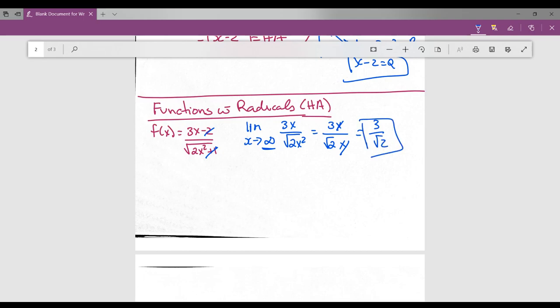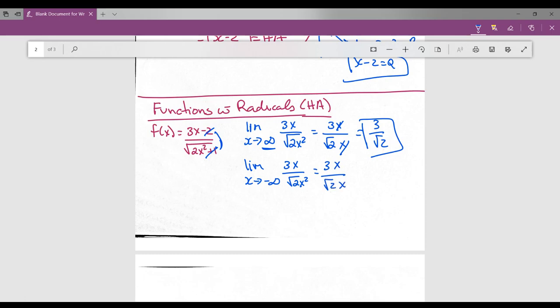That makes sense? What if we say, well, what happens when we go to negative infinity? Same bit here, because we cancel the constants. So we have 3x over root x squared, which becomes 3x over root 2 times x.